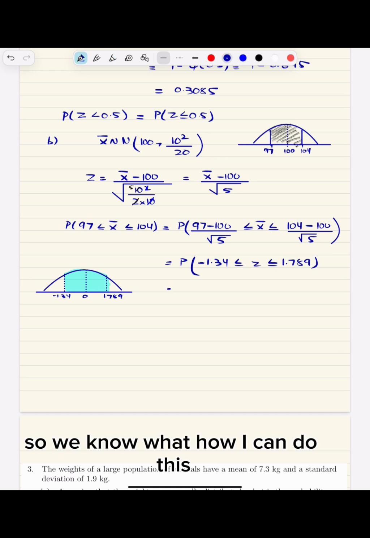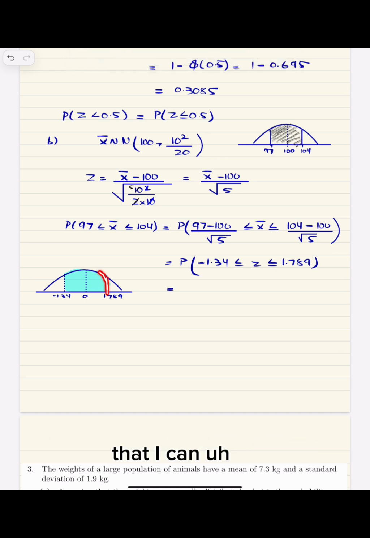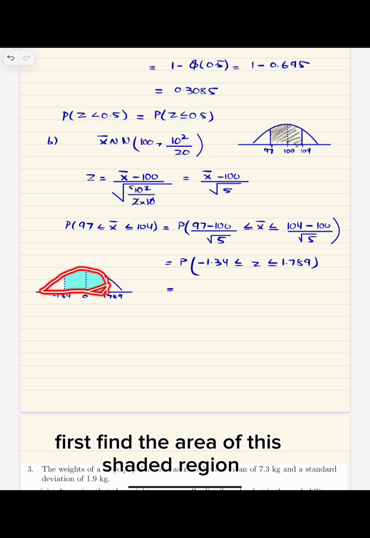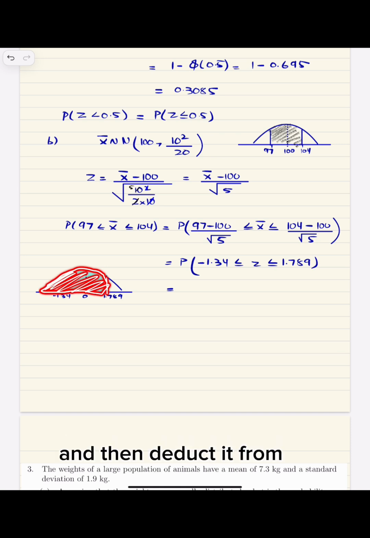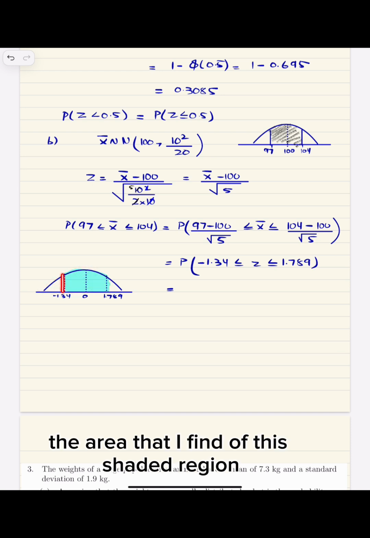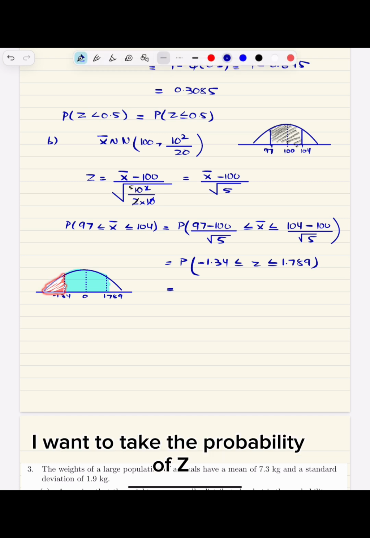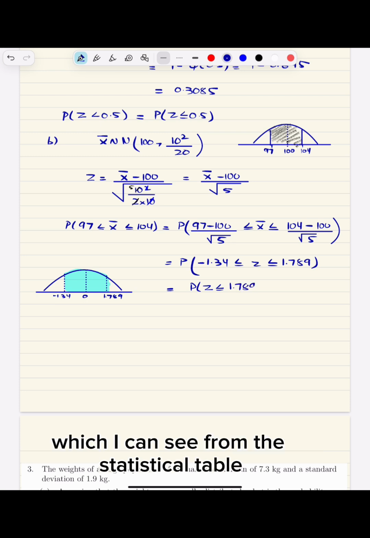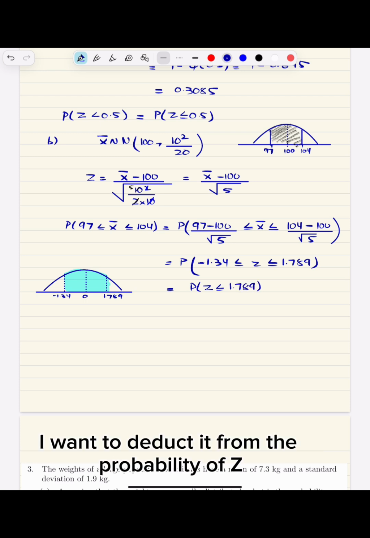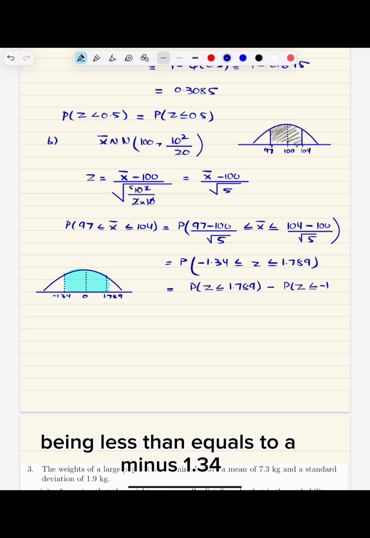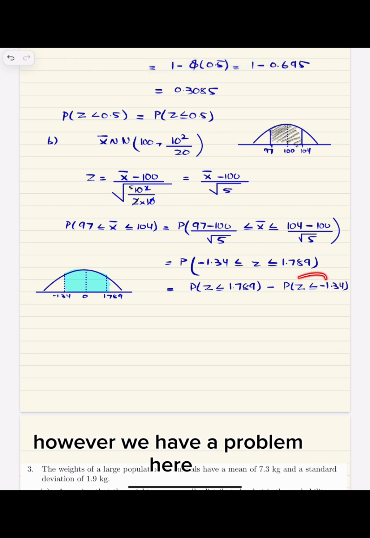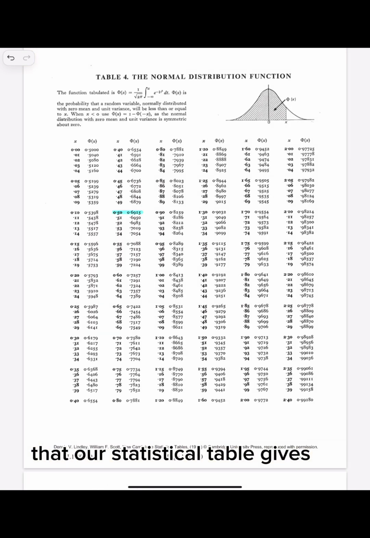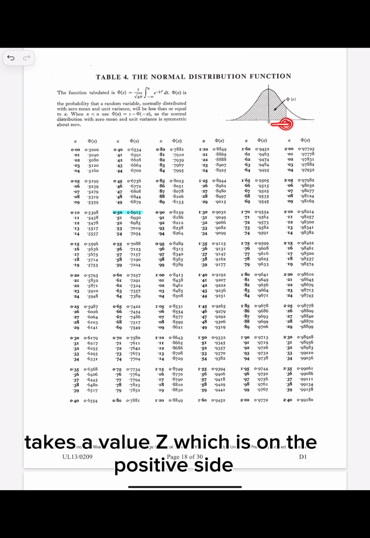We can first find the area of this shaded region and then deduct from it the area of this other shaded region. So I want to take the probability of z being less than or equal to 1.789, which I can see from the statistical table, and deduct from it the probability of z being less than or equal to minus 1.34. However, our statistical table takes a value z on the positive side.